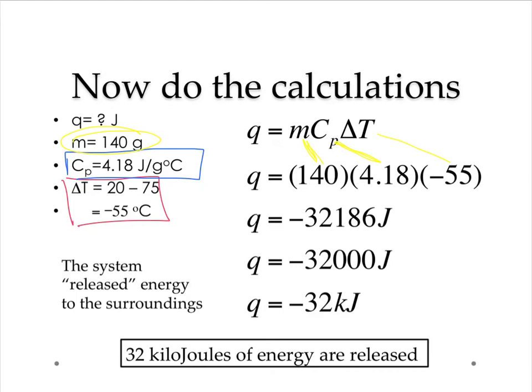A lot of times we just reduce it down to kilojoules for ease of reporting, so it's negative 32 kilojoules, or negative 32,000 joules was released. And we know that it's released because we have this negative here that tells us the energy left the system. It was subtracted from the system.